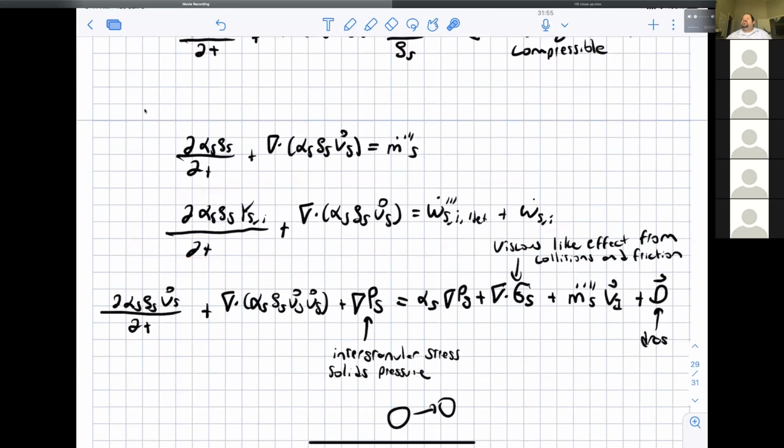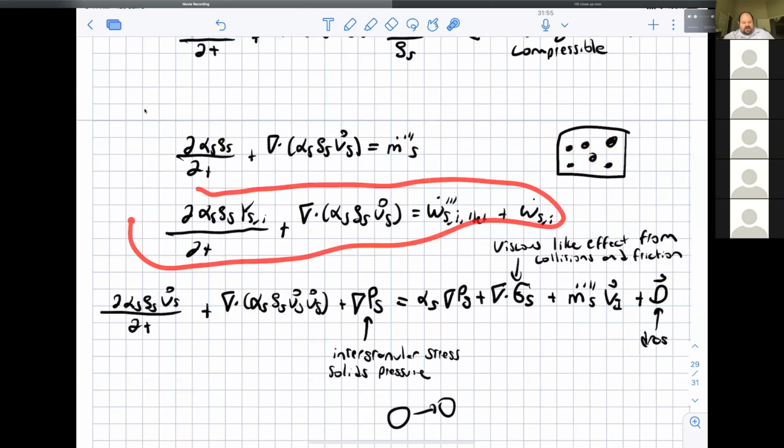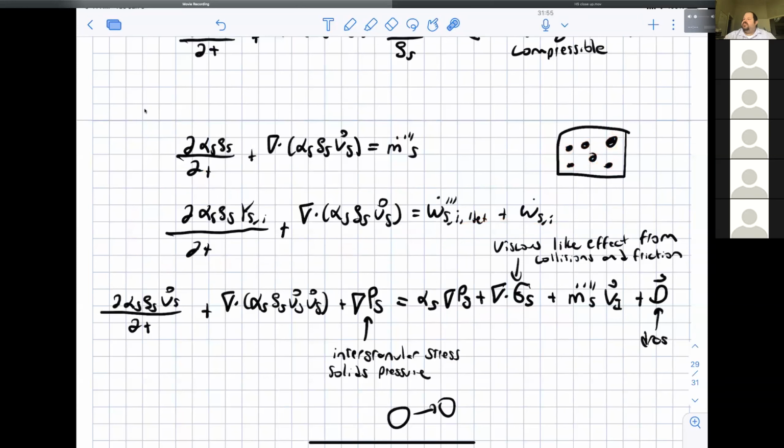That is essentially unchanged, except that now it's not a nice fine interface in the computational cell. We now have a bunch of little particles. So our conceptual control volume, since we are in the particle phase, is a control volume drawn around all of the particles and averaging them together. If you do that, you wind up with the field equations for the particles.